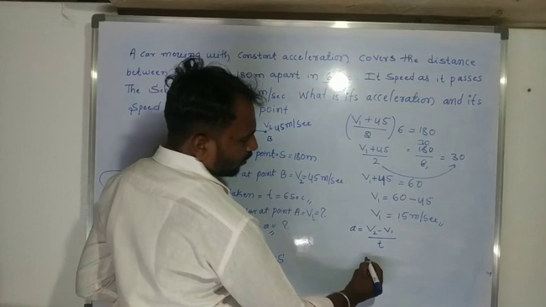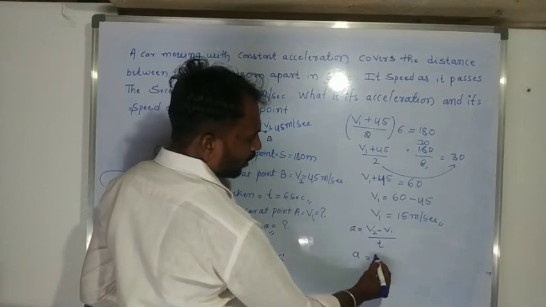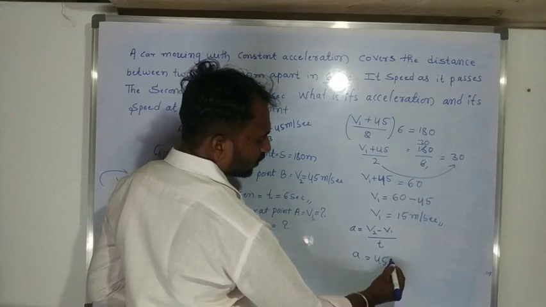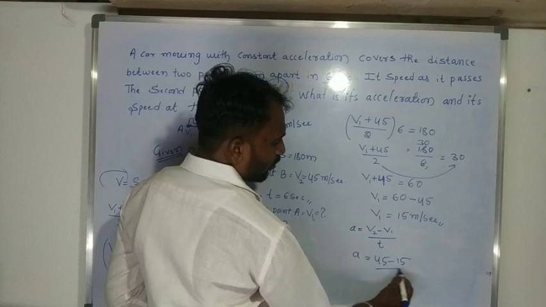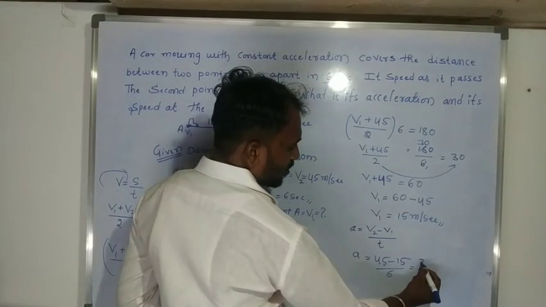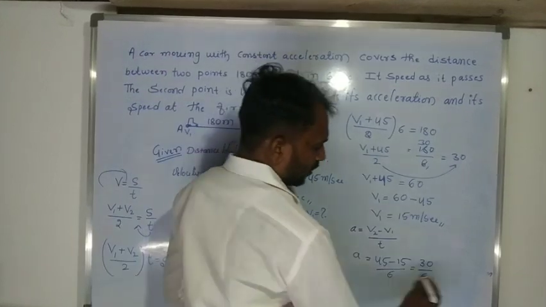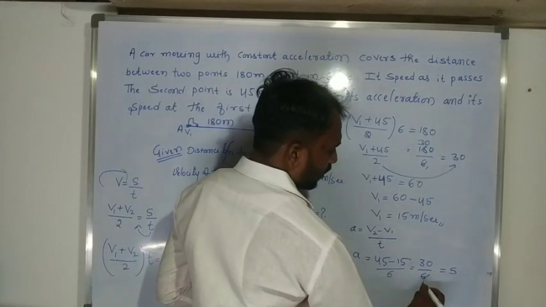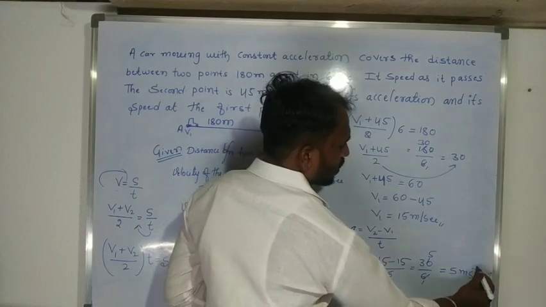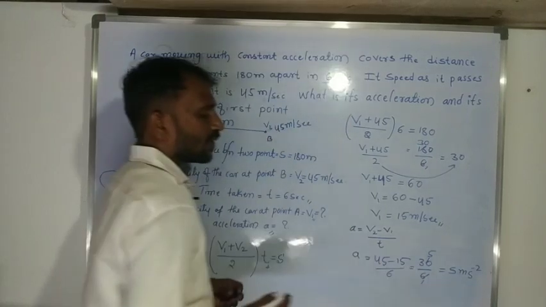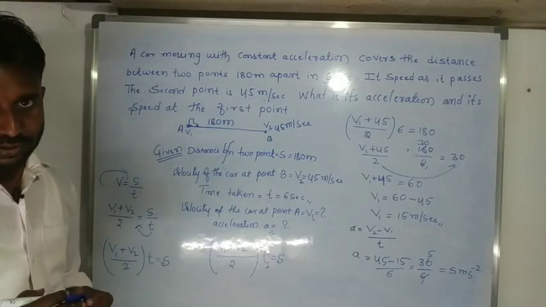So acceleration is equal to v2 value 45 minus v1 15 meter per second divided by 6. So 30 divided by 6 means 5, so 5 meter per second square. This is the acceleration of the particle at the first point.